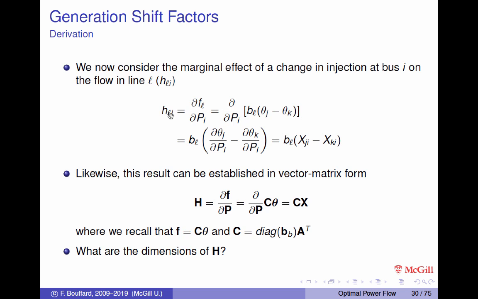And what will be the dimensions in terms of columns? Well, here i runs from 1 to n. So we have a capital L by n matrix. So this matrix H is not square. Very important not to forget this.